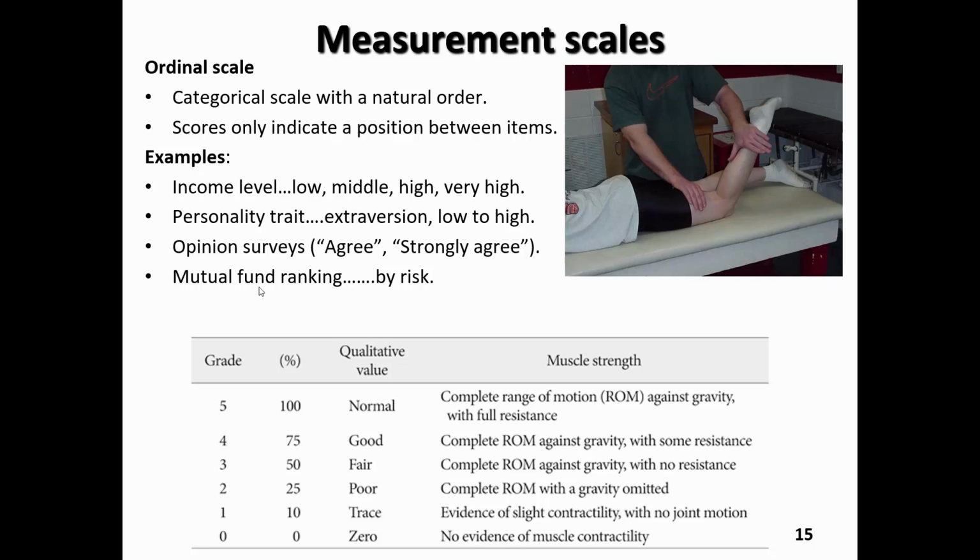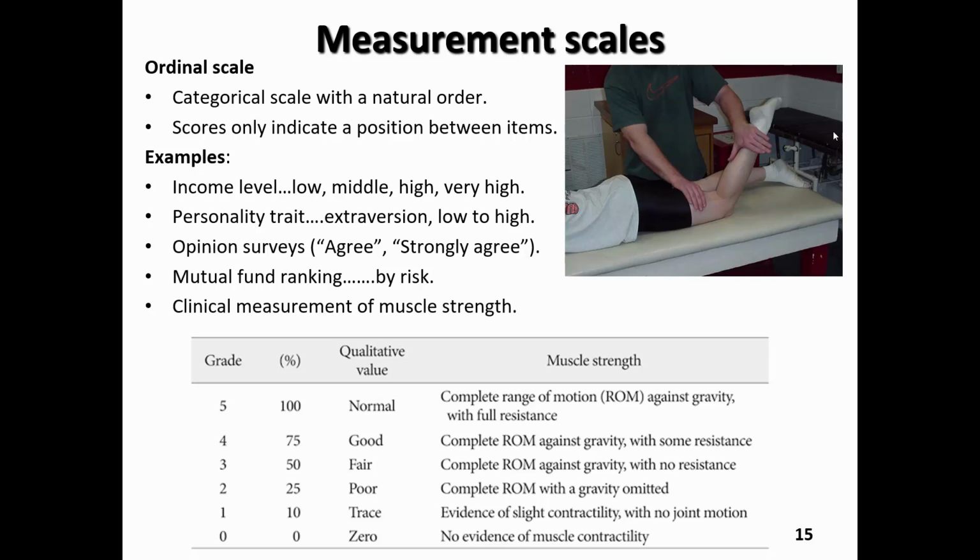If we're ranking various mutual funds by risk, low risk to high risk mutual funds, then as long as there's that natural order, it would be considered an ordinal scale.